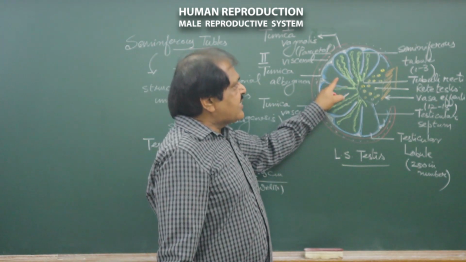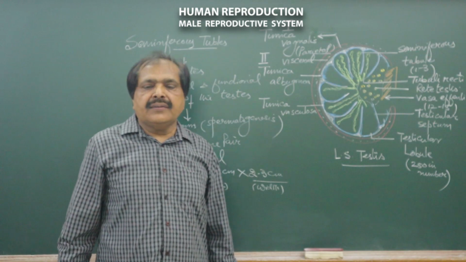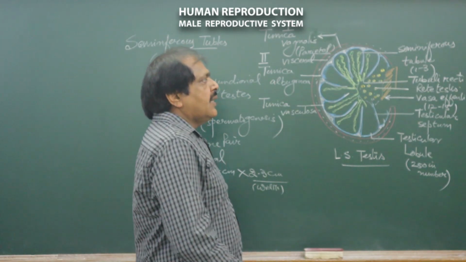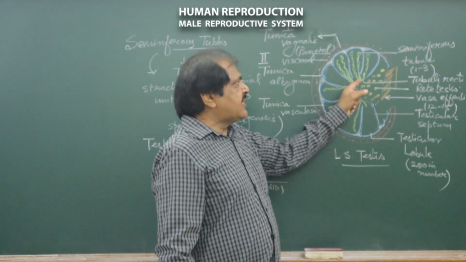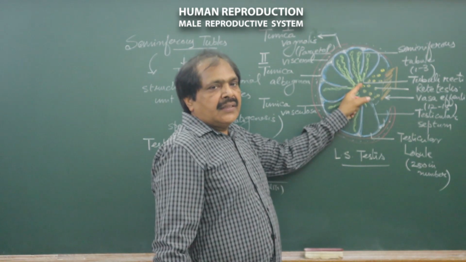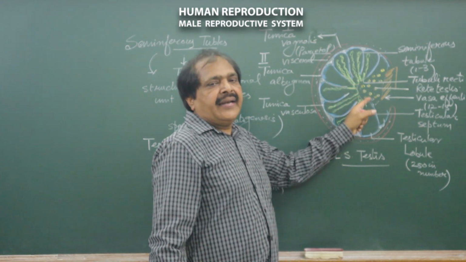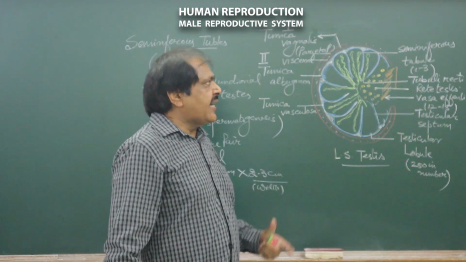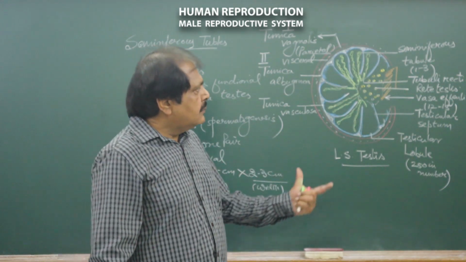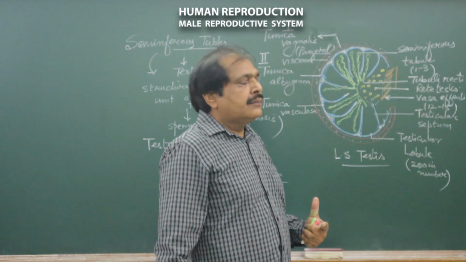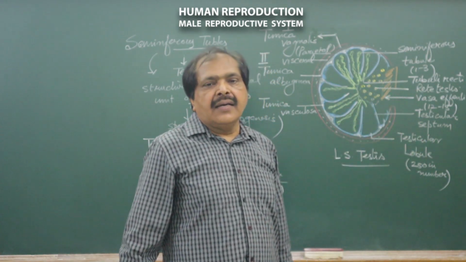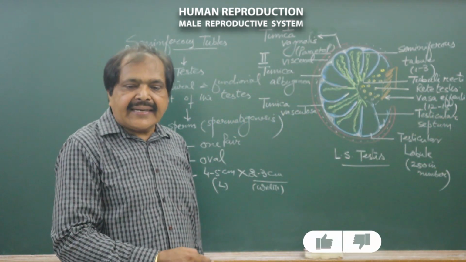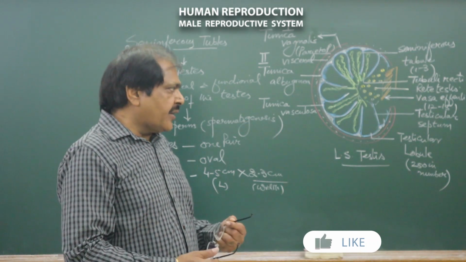And each testicular lobule has 1 to 3 coiled structures called seminiferous tubules. Seminiferous tubules are coiled structures, and they are straight at the end. These straight parts form a network of tubules called rete testis. From the rete testis arise 12 to 15 ductules, and they collectively form the vasa efferentia. Now this vasa efferentia will enter the epididymis, that we will talk about later on.